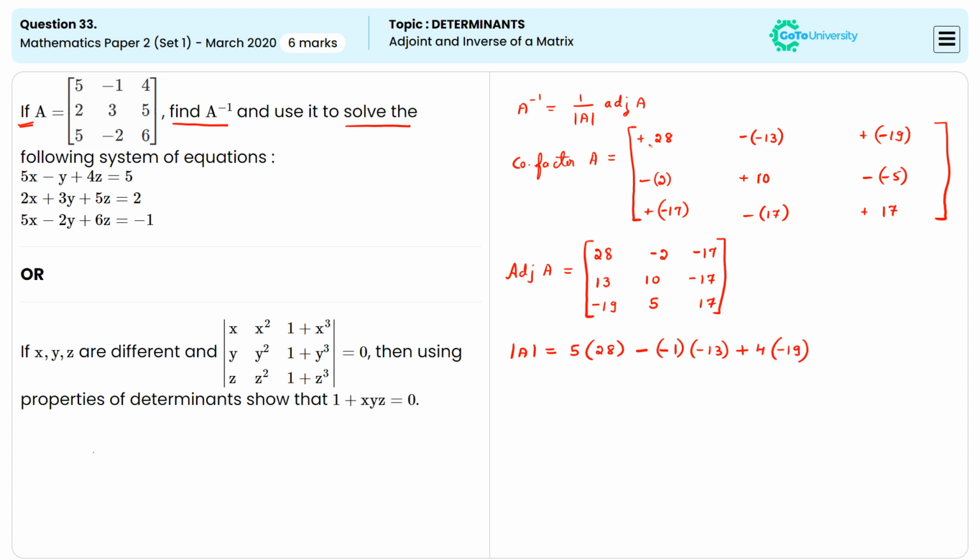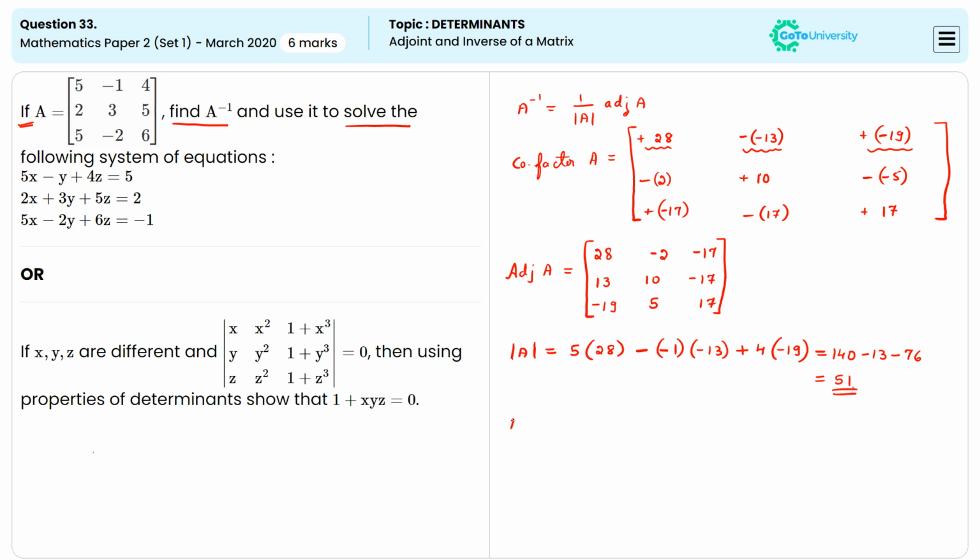So whatever the values you have taken for cofactor, you can take it and solve determinant A. Now this is equals to 5 times 28, which is going to be 140. Minus of minus is going to be minus 13. Minus 4 times 19, which is going to be 76. So 76 plus 13 is going to be 89. 140 minus 89 is equals to 51.